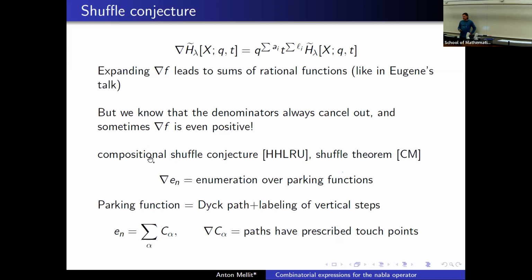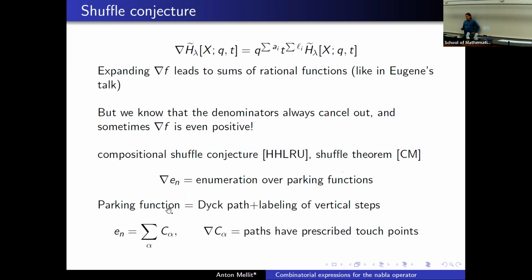And one case of this is the compositional shuffle conjecture by Haglund, Haiman, Loehr, Remmel, and Ulyanov that we proved together with Erik Carlsson. This conjecture says that if you apply this operator to the elementary symmetric function, you get some enumeration of parking functions. And a parking function is, as I said, a Dyck path together with a labeling of vertical steps by integers satisfying certain properties.